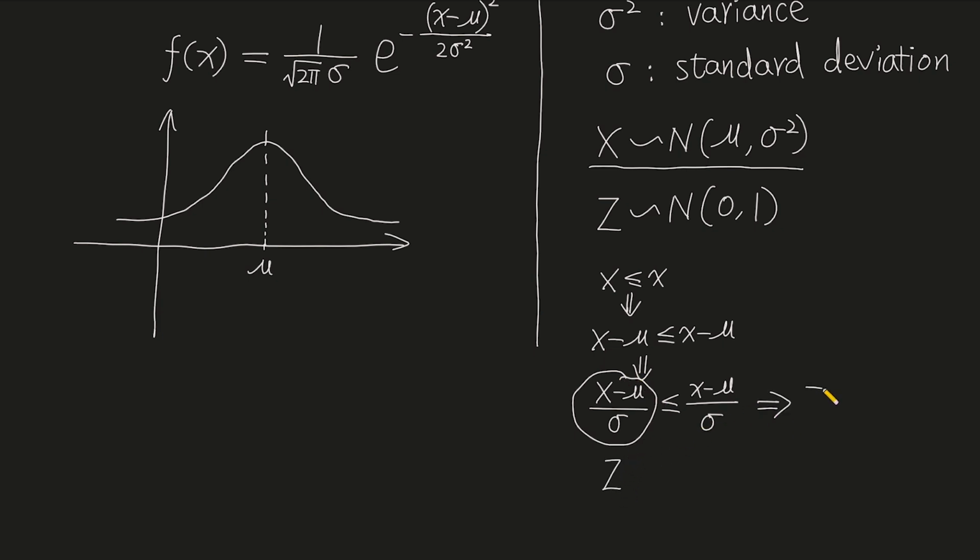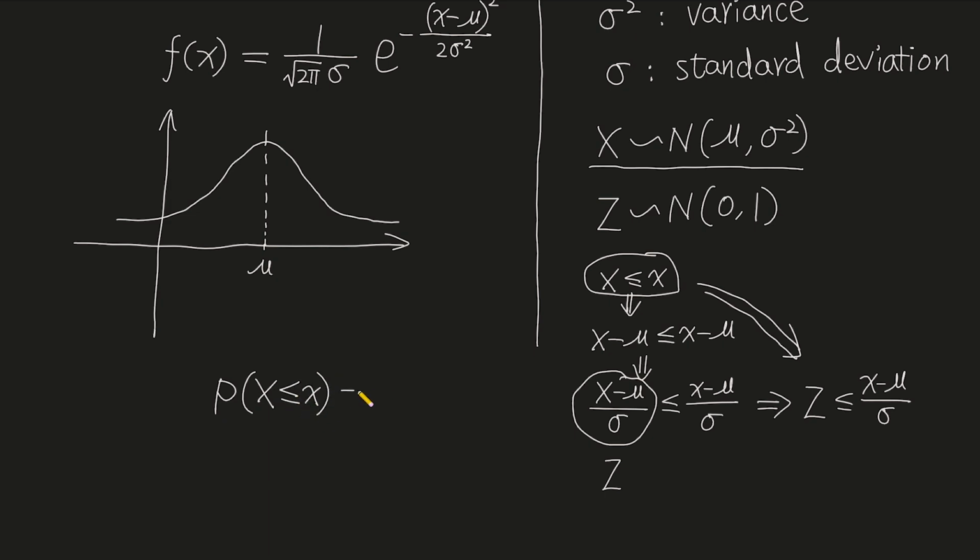Then we get Z less than or equal to (x minus mu) over sigma. So from this, we infer this. So we can infer that the probability that X is less than or equal to small x equals the probability that big Z is less than or equal to (x minus mu) over sigma.